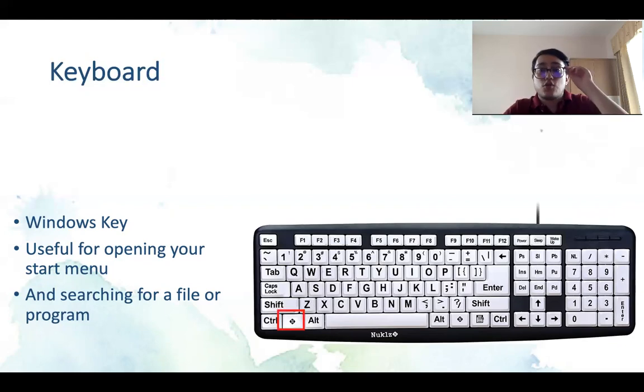For iOS users or Apple product users, you don't have this because you are using iOS software for Mac, right? But if you have a normal PC that works with Windows, you will have this on your keyboard, and it can be a good shortcut for you to go to the start window and start searching for a program or a picture or a folder or a file, so you can open it up. And usually we have two, one on the left and one on the right, for the Windows icon or Windows key.